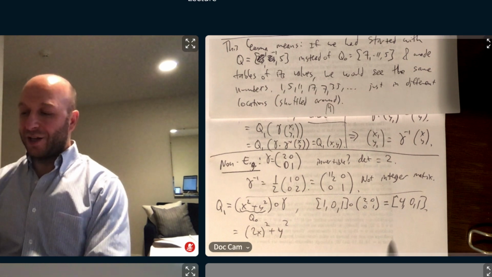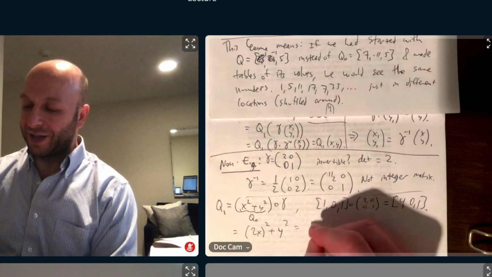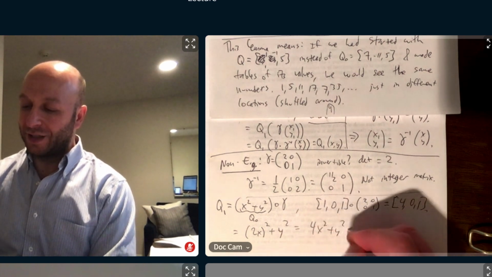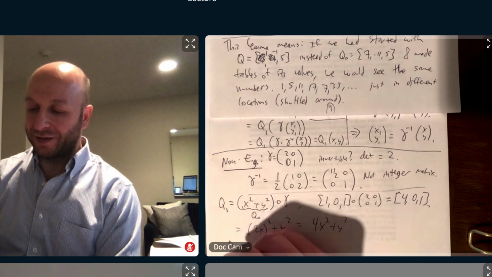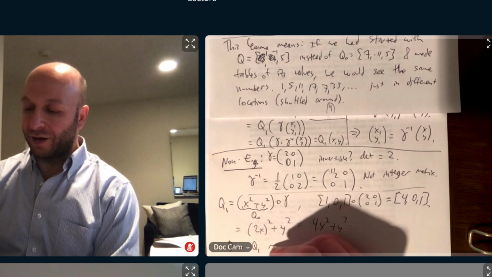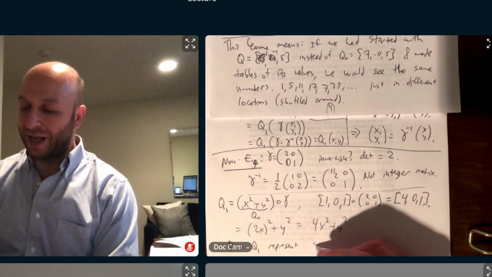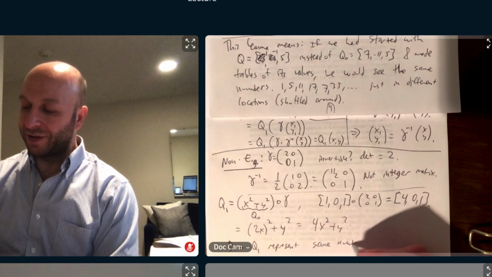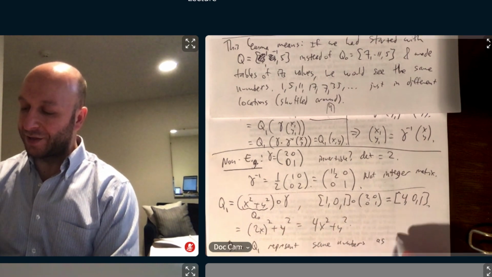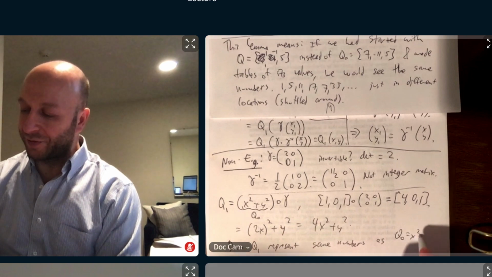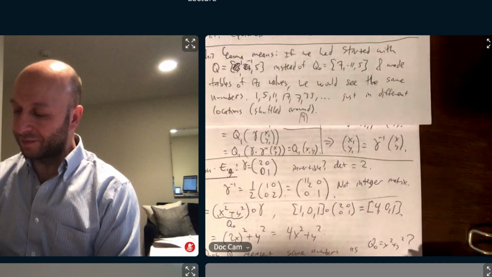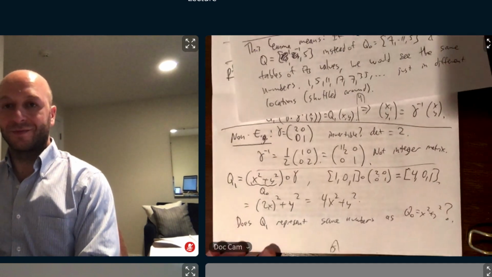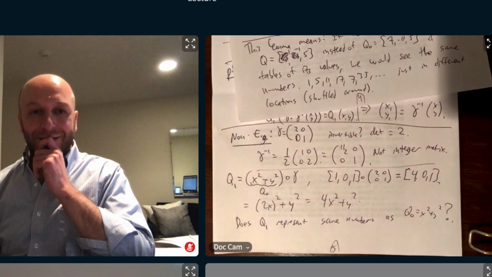Okay. Now, what about this? Let's just write this out: 4x squared plus y squared. Does Q1 represent the same numbers as Q0, which was a sum of 2 squares? No, Dependro.